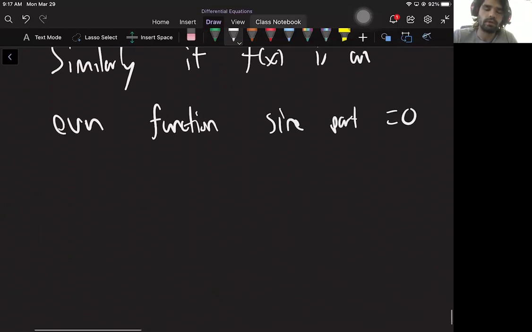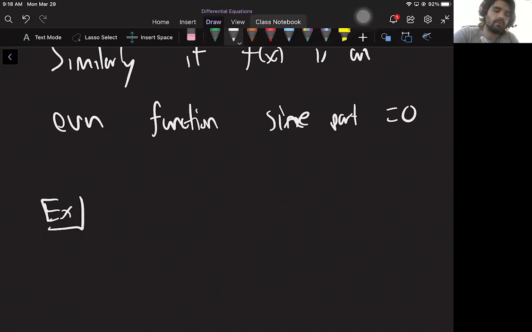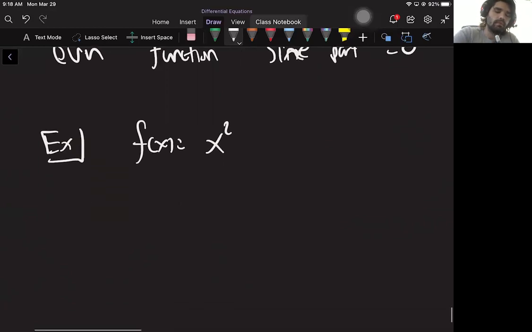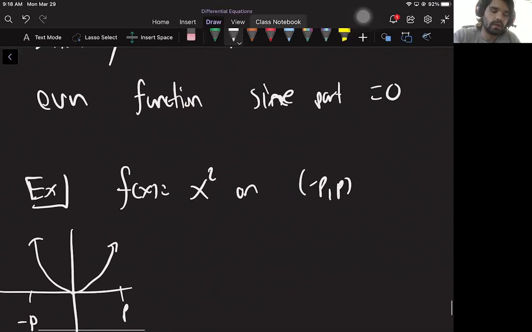So what's an even function? An even function, like I said, is something that's symmetric about the y-axis, something like x squared. So you're just going to get the area under one side and double it because it's the same on both.